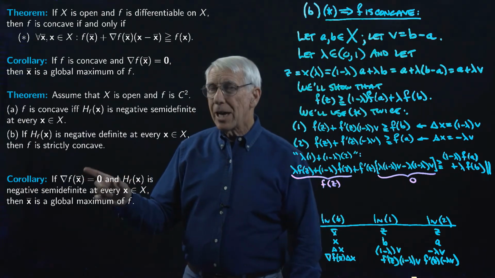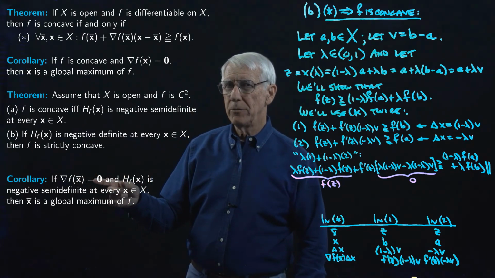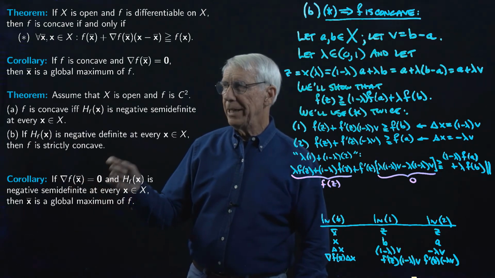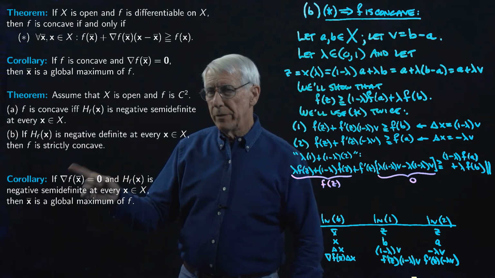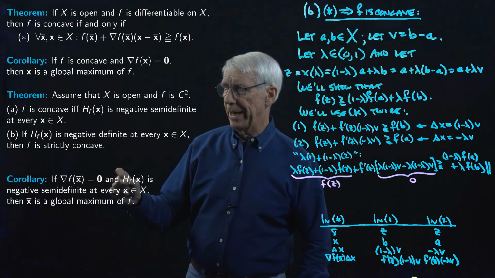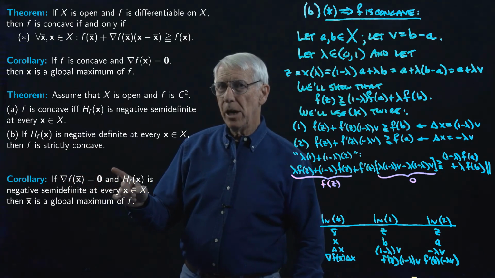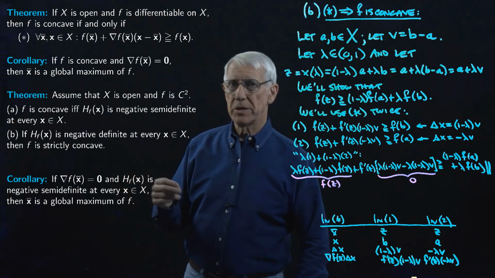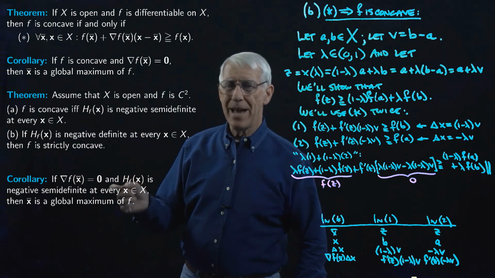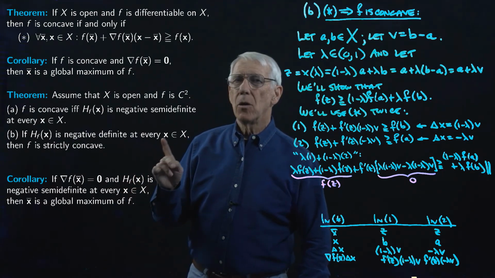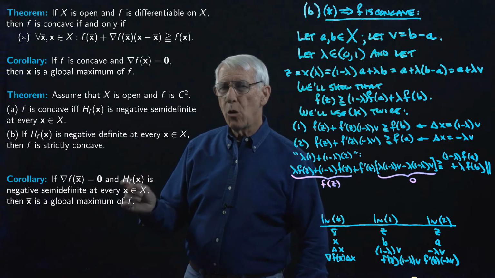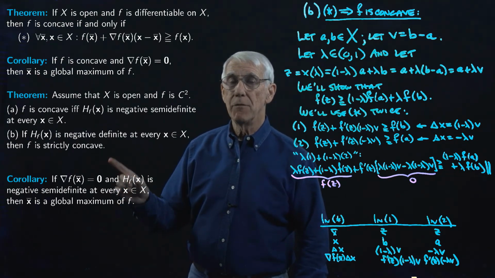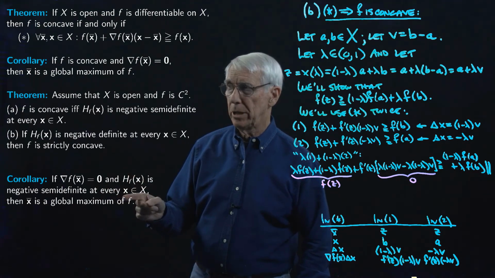So this looks kind of different from what we had done with local maximum, because there we needed to know that the gradient was the zero vector, but we also needed to know that the matrix of second derivatives was negative definite. But that was where we were looking at local maximization near a specific vector or point x bar.